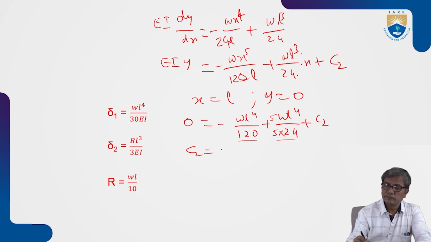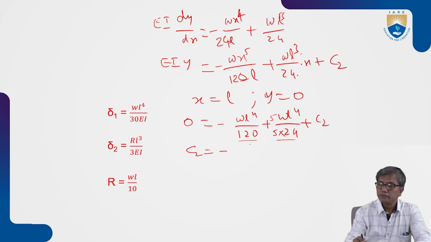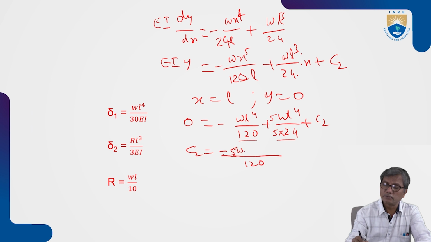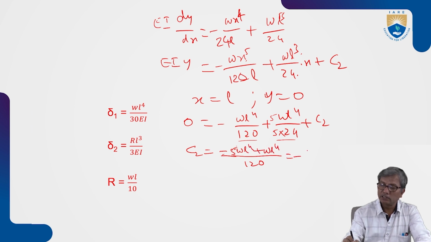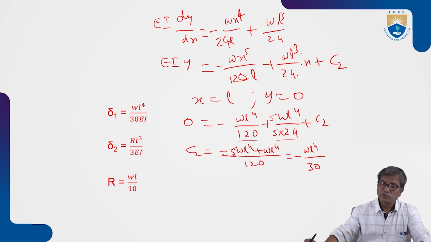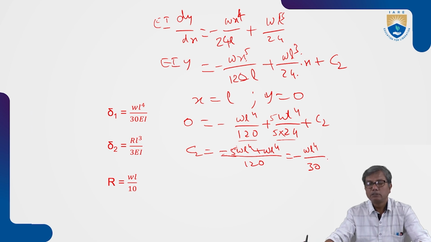So it is minus, denominator will have 120, minus 5 WL power 4 plus WL power 4, or minus WL power 4 by 30. Here you will have 4 by 120, actually it is 1 by 30.